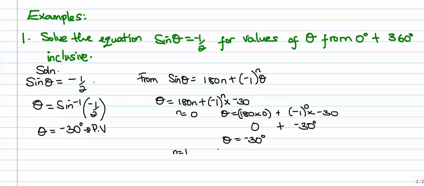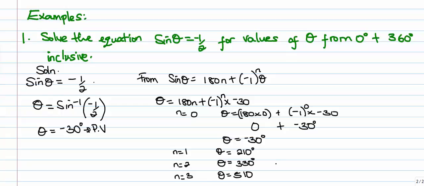Now when n is equal to 1, when we put 1 in that equation, that will give us 180 plus 30, which is equal to 210. And when n is equal to 2, we shall put it into our equation still and get the value of theta as 330 degrees.